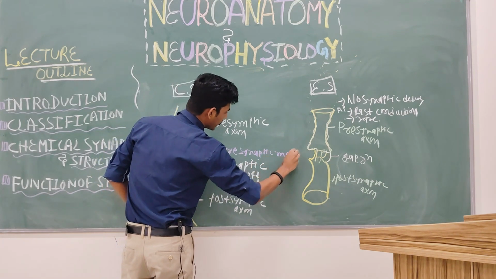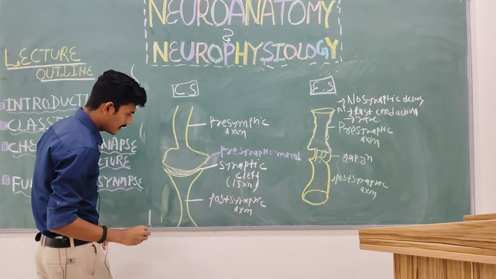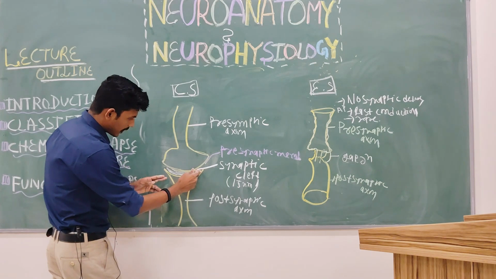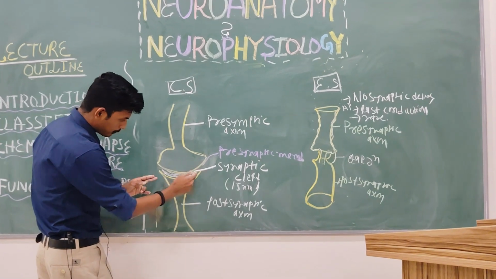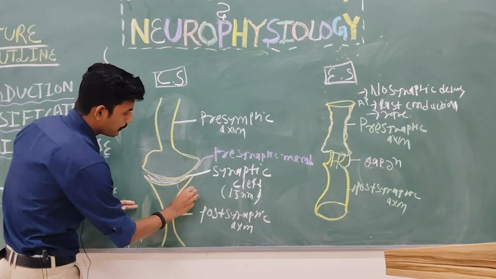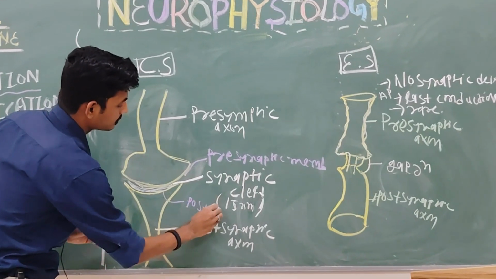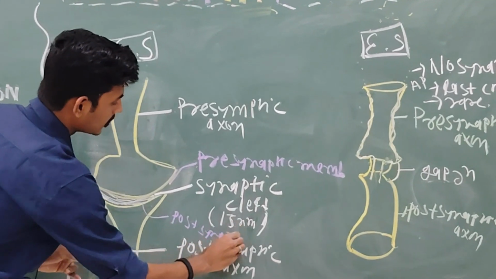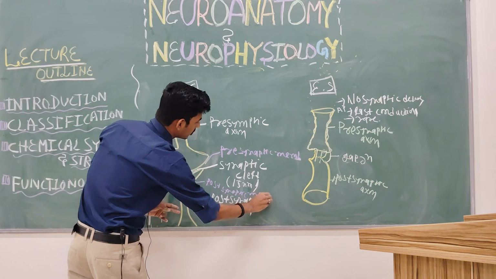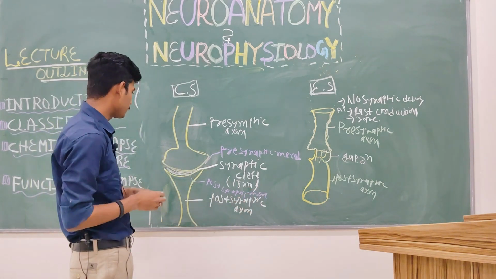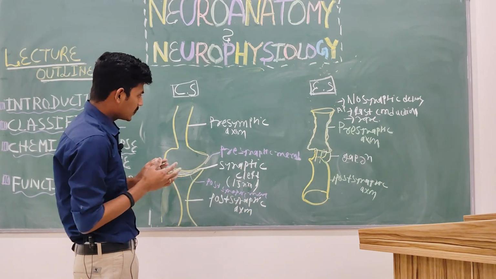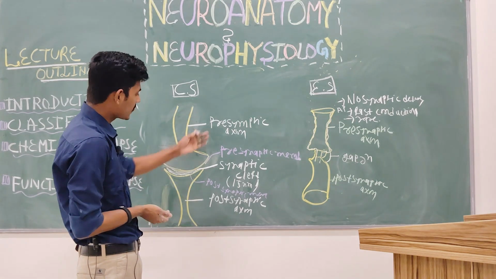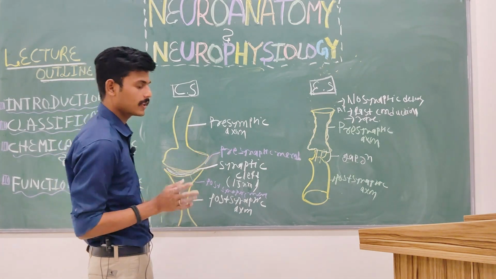The other neuron's part is referred to as the postsynaptic membrane. Easy, no problem. These are the characteristics, the difference between the neurons.